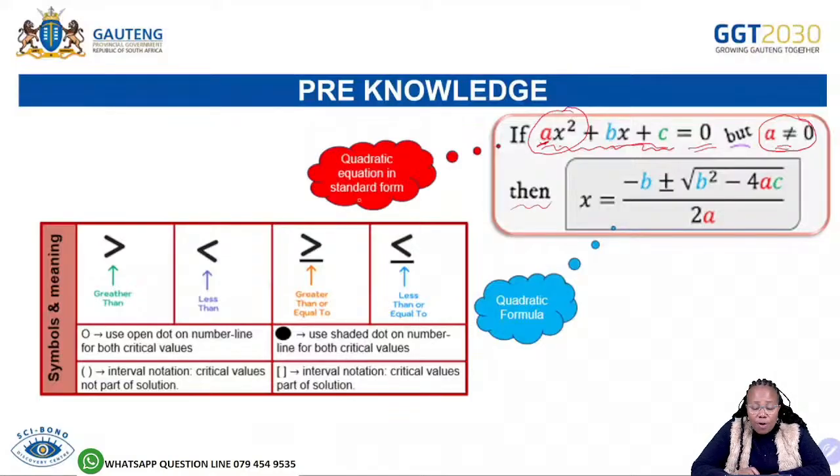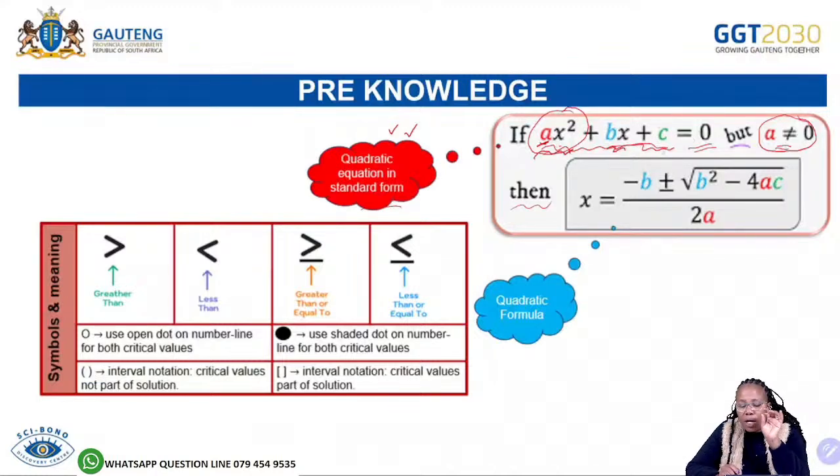Out of this we will be applying the quadratic formula. Before you apply it, your equation must be in standard form. What do we mean by standard form? It must start with ax squared, followed by bx, a value with x, and then plus c, a constant number without x.